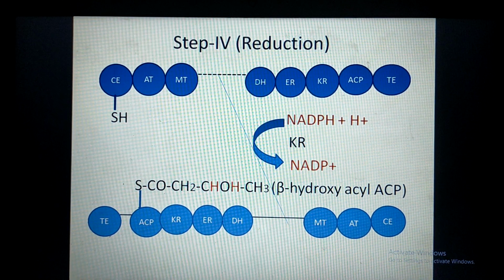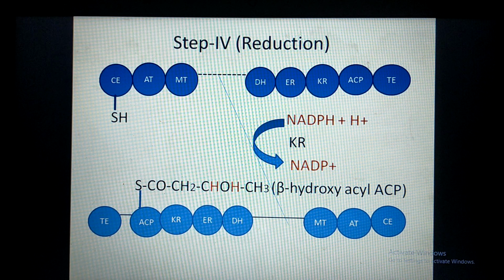The step 4 is reduction. Now in this step, the reduction of keto group, beta keto group, takes place by addition of 2 hydrogen atoms. When 2 hydrogen atoms are added, the keto group is converted into CHOH, that is hydroxy group.